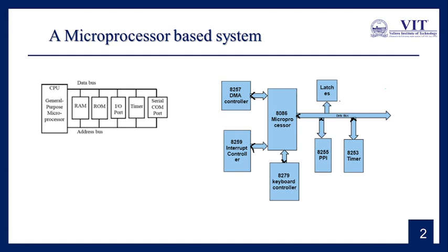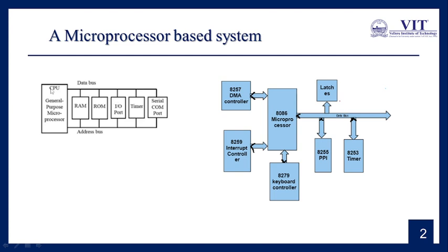Like a family, there will be other things which will support it and put this microprocessor based system into a particular application. A CPU from a microprocessor cannot work without memory. So usually ROM will be part of the system, and then you will have timers, serial port communication, and parallel port communication, and this parallel port communication is done by an IO port.